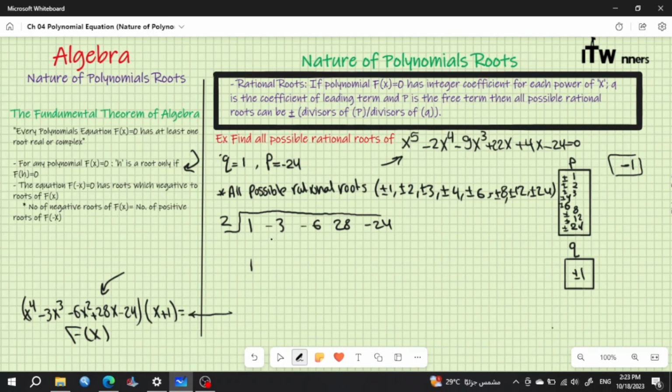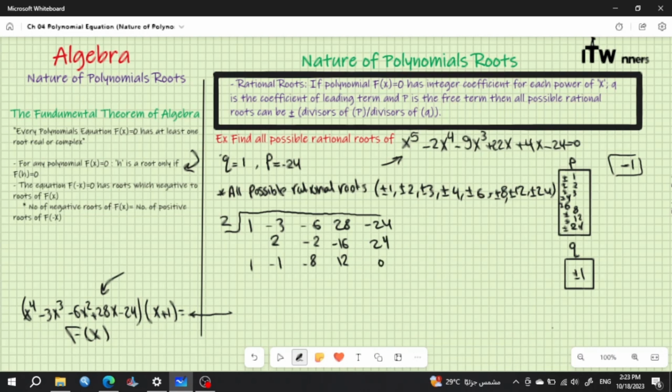1 into 2 equal to 2. So we have here negative 1, negative 1 into 2 equal to negative 2. That's equal to negative 8. Negative 8 into 2 equal to negative 16. So we have here 12. 12 into 2 equal to 24.